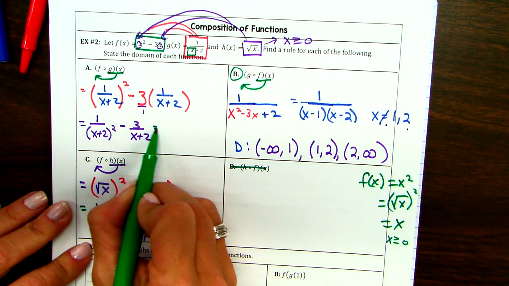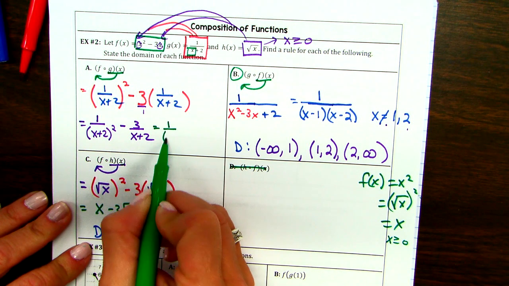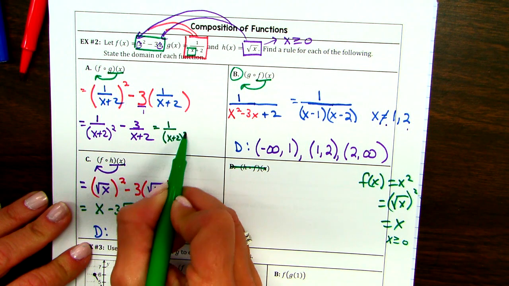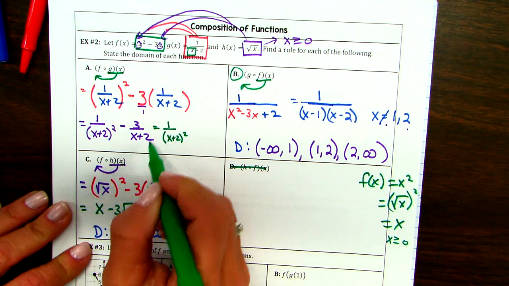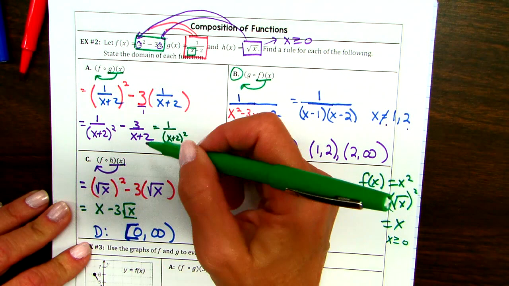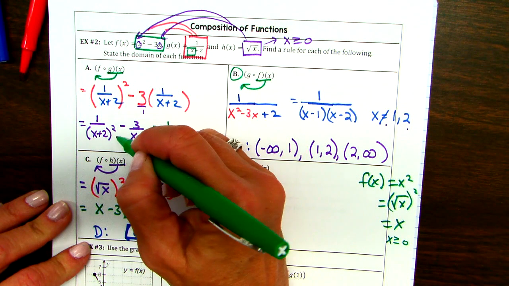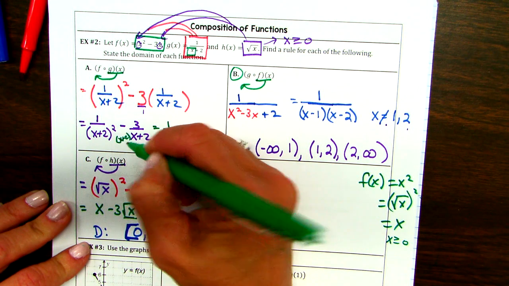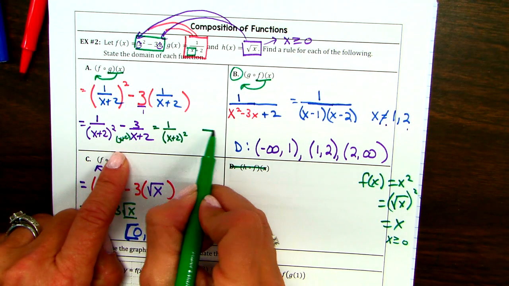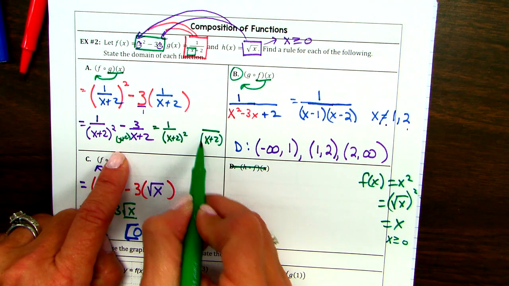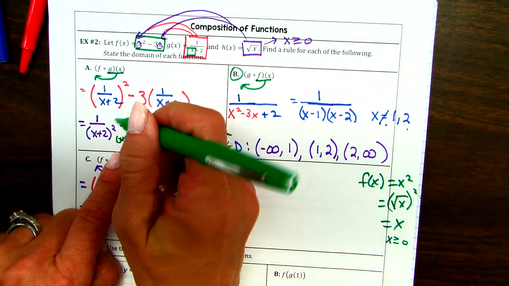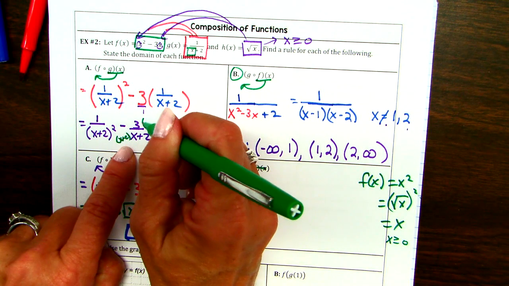So what I'm getting at is my first fraction stays exactly the same. I'm not changing that at all. And then on this bottom fraction, I'm multiplying the bottom by x plus 2, right? That will give me x plus 2 squared. But don't forget, whatever you do to the denominator, you have to do to the numerator.